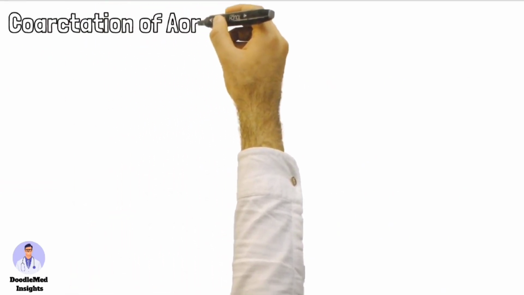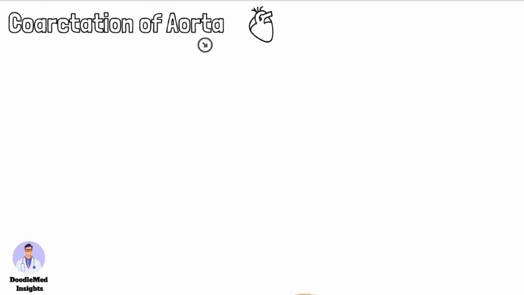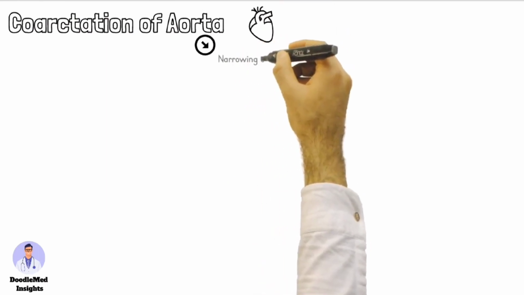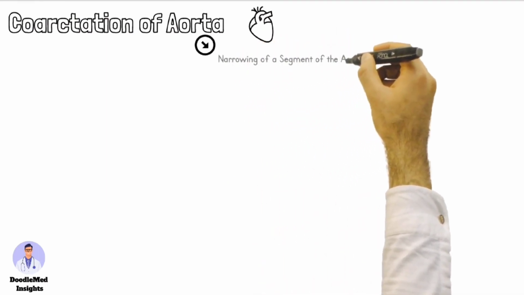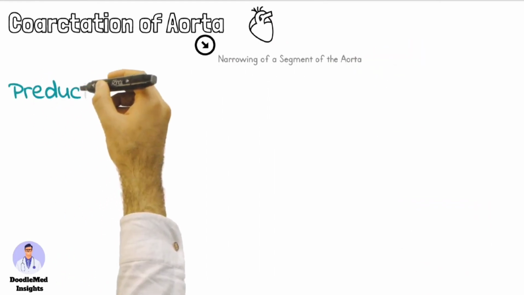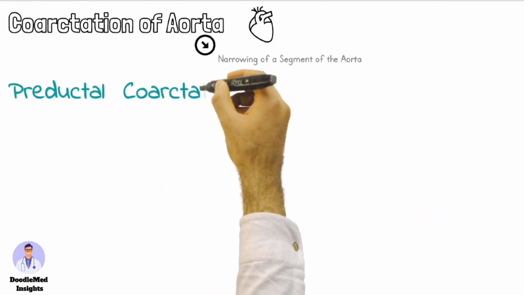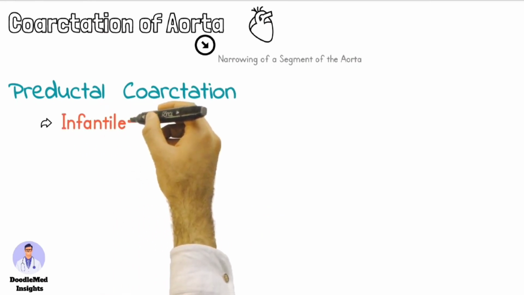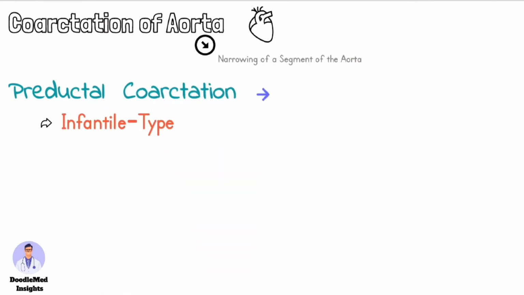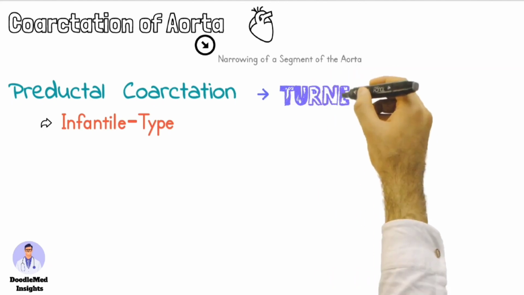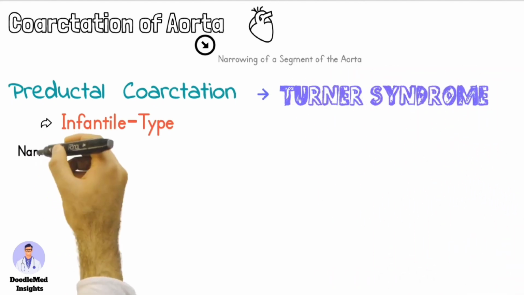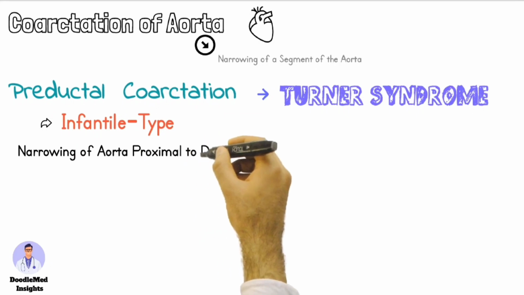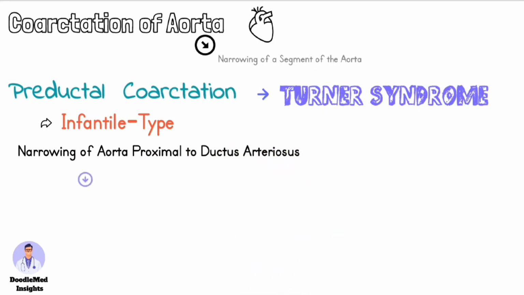One specific type of congenital heart disease is coarctation of the aorta, which is a narrowing of a segment of the aorta. There are two types of coarctation, preductal and postductal. Preductal coarctation, also known as infantile type, is often associated with Turner syndrome and involves a severe narrowing of the aorta proximal to the ductus arteriosus.